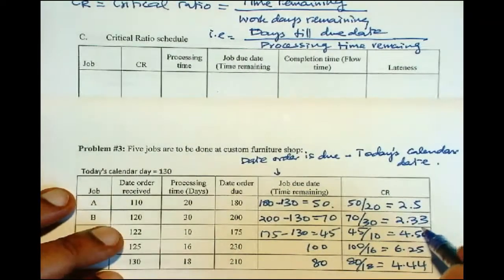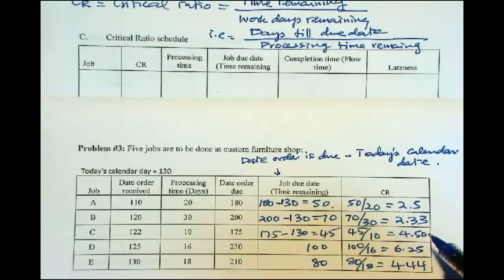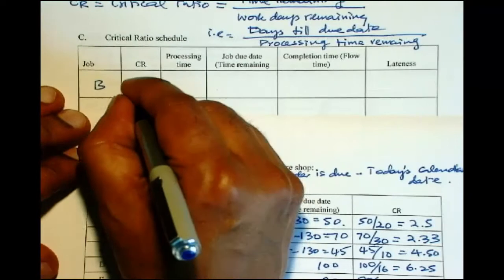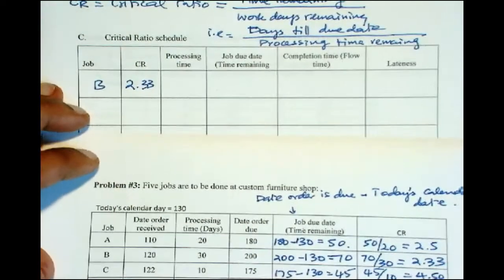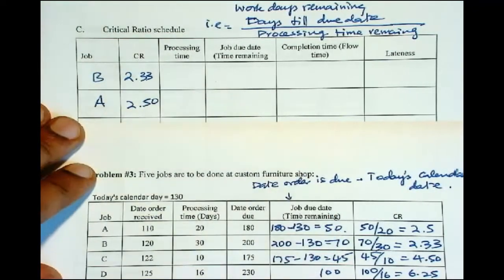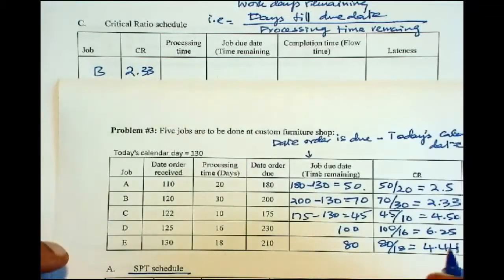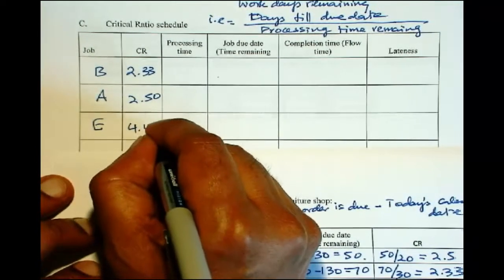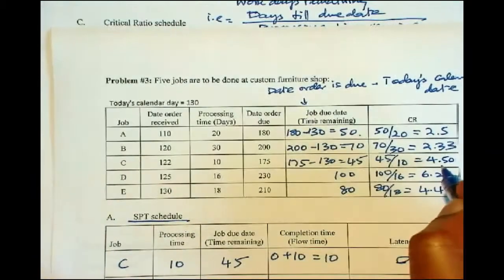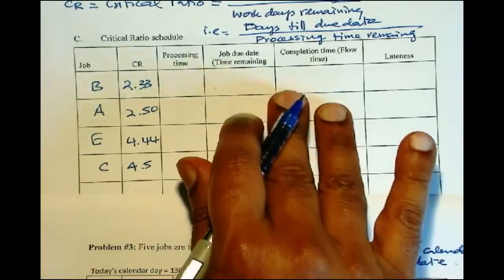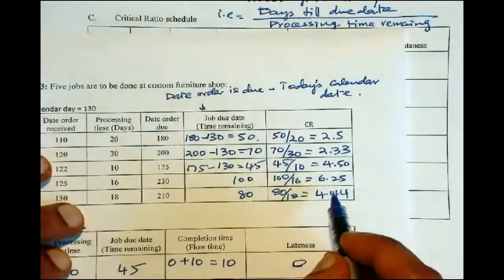So the smallest CR goes first, so that will be B. CR is 2.33, and then the next one is A with 2.5, and the next one is E with 4.44, and 4.5 is next, and then finally D, and that is 6.25.